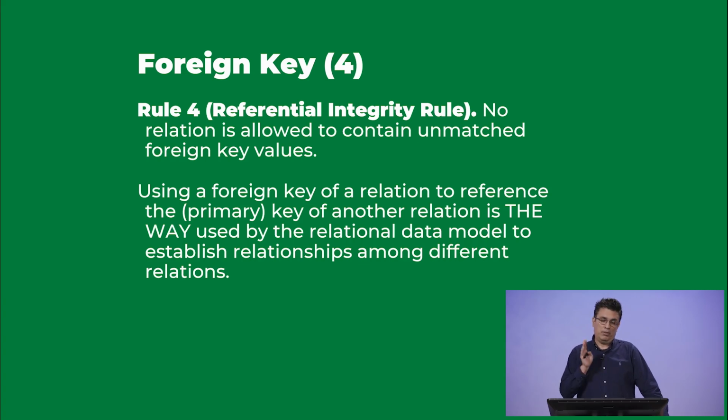Going back to employees, for example, I know the employee is going to work for a specific department, or maybe is going to be assigned to a specific project, but I don't have the identifier for that specific department. And the identifier, what I mean is that it's going to be a key in department, but in employee it's going to be a foreign key. So it is okay that I don't have that and I assign a null value. But it's not okay that I assign a department that doesn't exist. So if I assign a value to that specific key, it has to have a matching value in the other table.